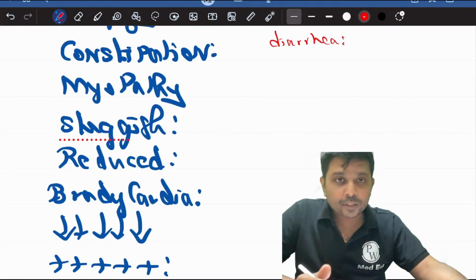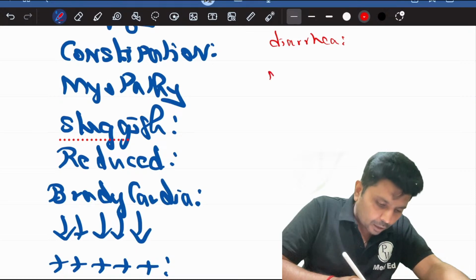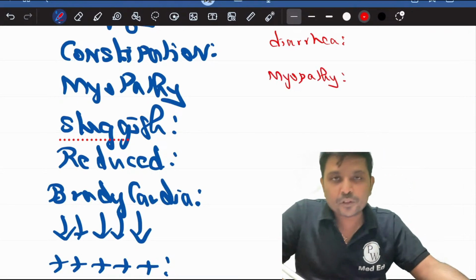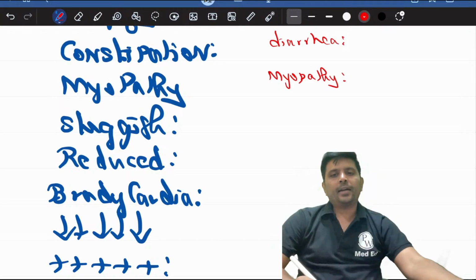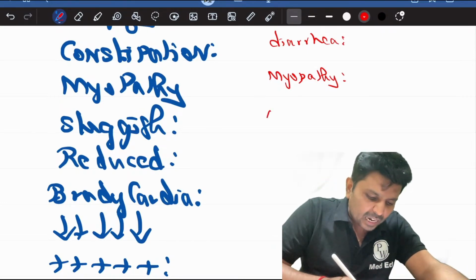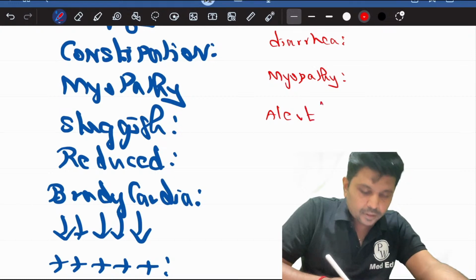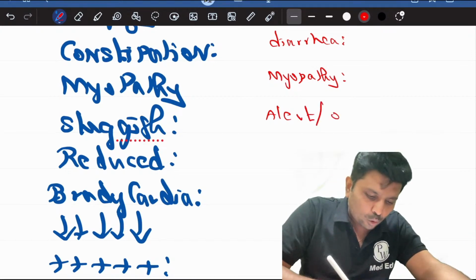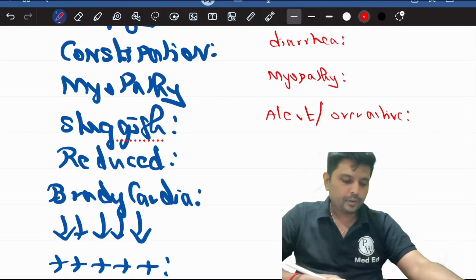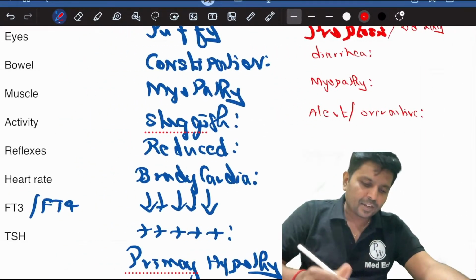And then myopathy. In hyperthyroidism also you will get myopathy. So myopathy is a manifestation of both hypo and hyperthyroidism. Not sluggish, they are alert. Thyroid means alertness. They are overactive. What about deep tendon reflexes?